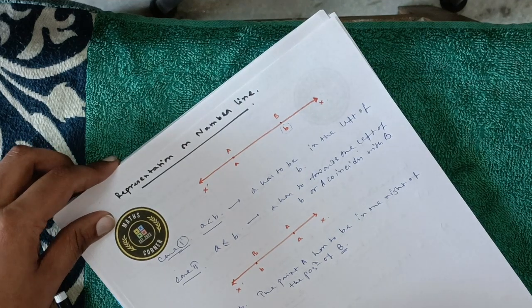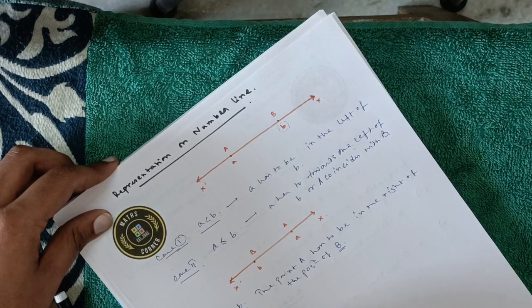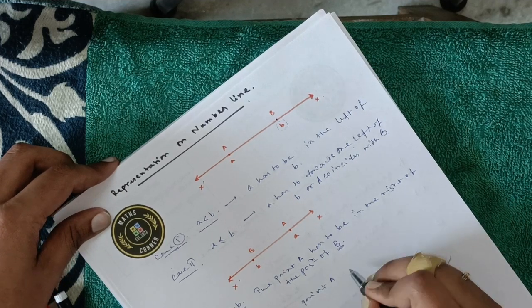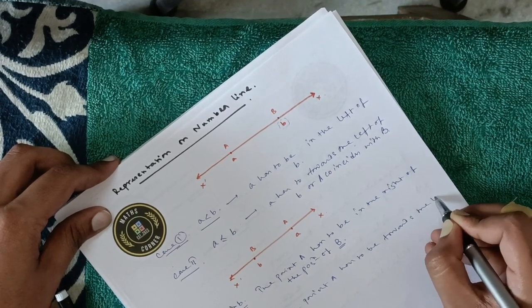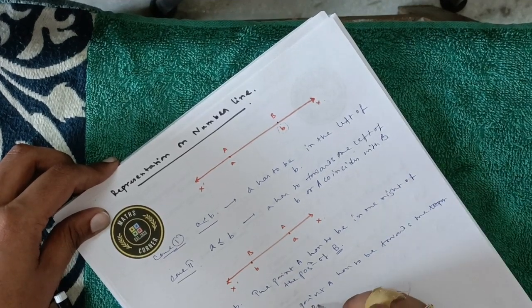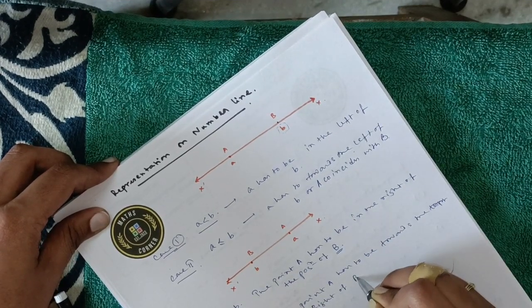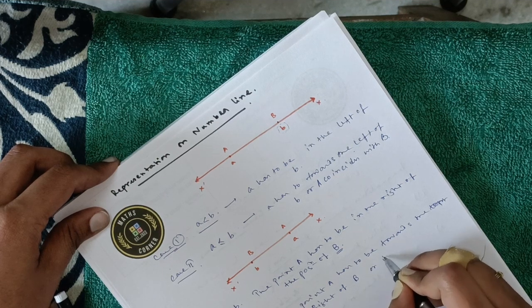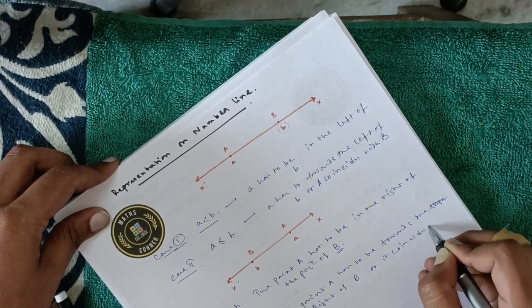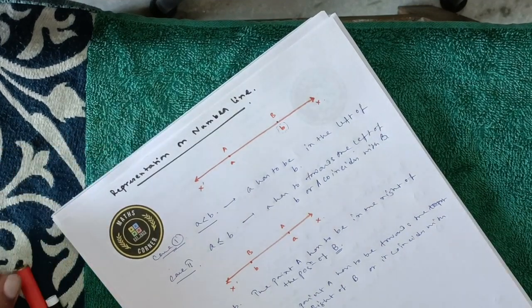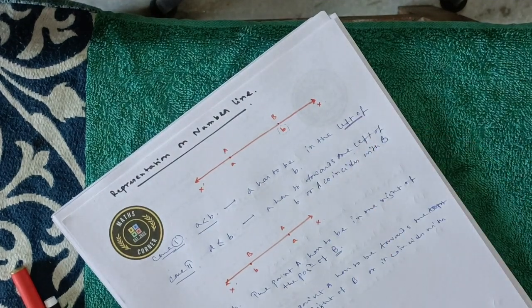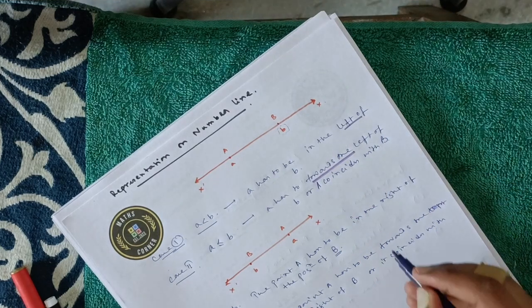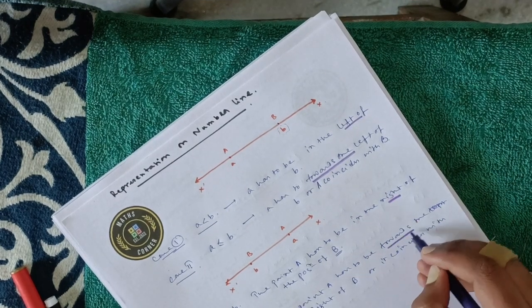And case 4, what will happen? A greater than or equal to B. The point A has to be towards the right of B, or it coincides with B. So the main part is here, it will be in the left of B. Here also, towards the right.